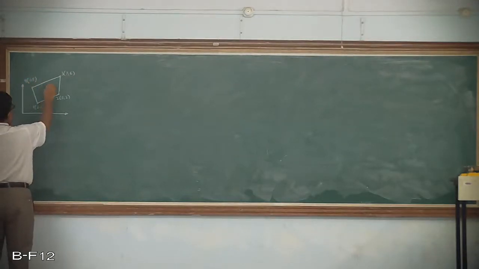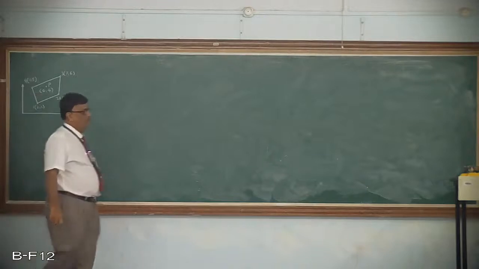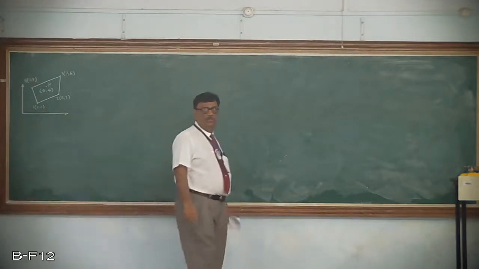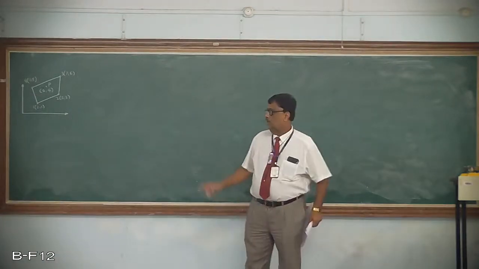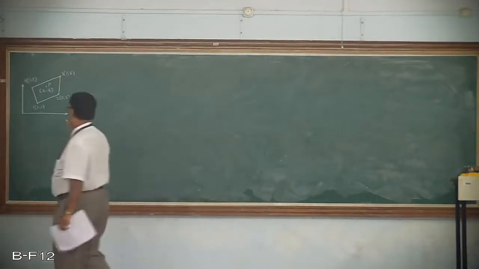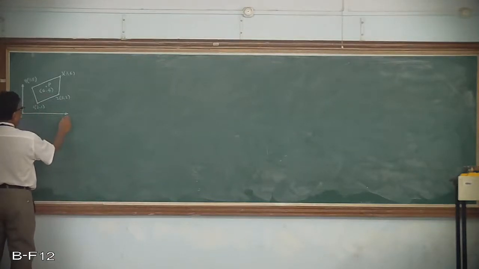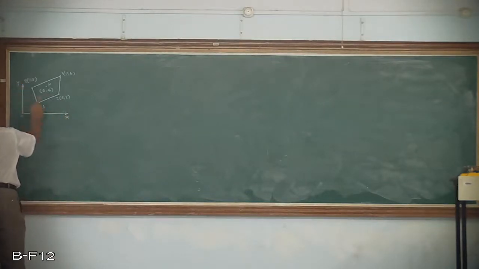And there is a point P whose x and y coordinates are already given to you. So we need to find the values of zeta and eta at that given point in the natural coordinate system, and then verify whether what we have found matches with these two coordinates or not.